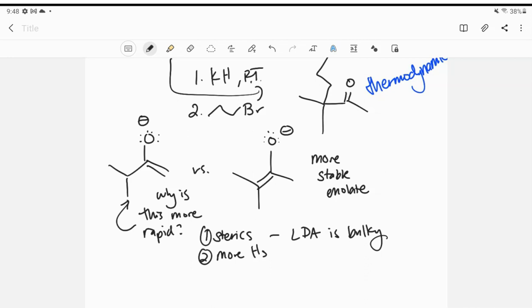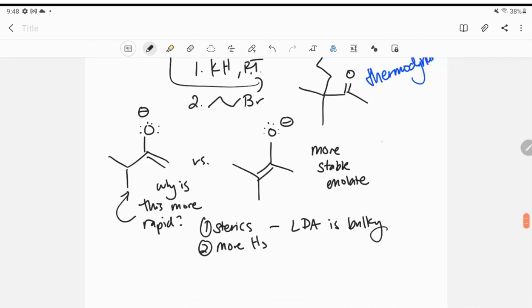And so here we're looking at the reasons: our KH is very small, so it has no problem with sterics. It can just go right back in there and grab the proton. And number two, this is our more stable enolate because it's more substituted.